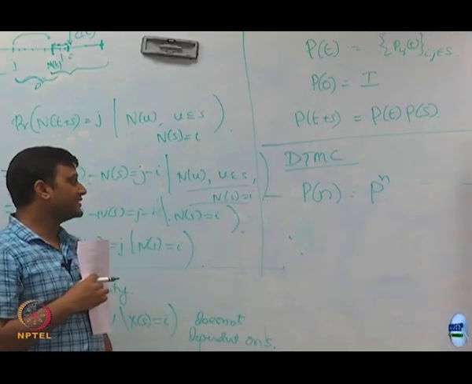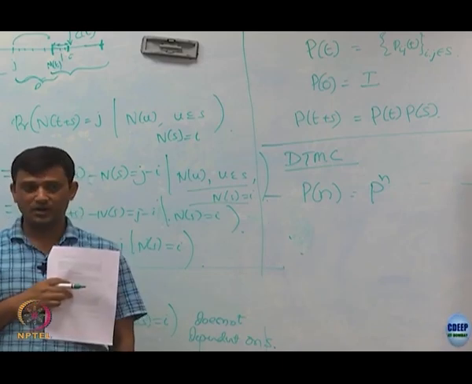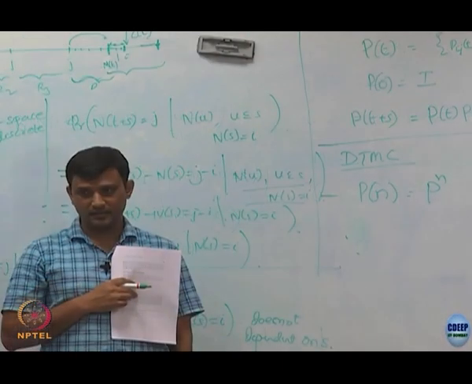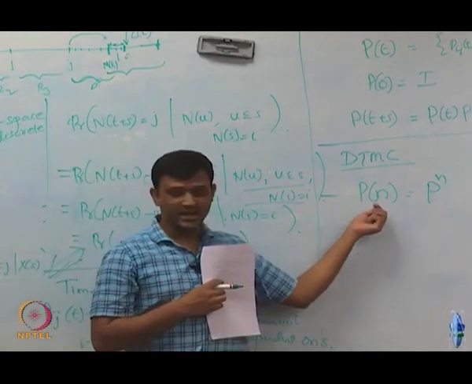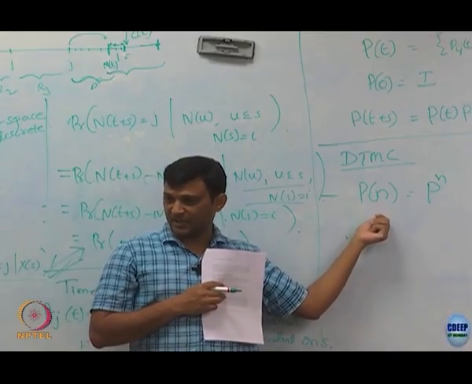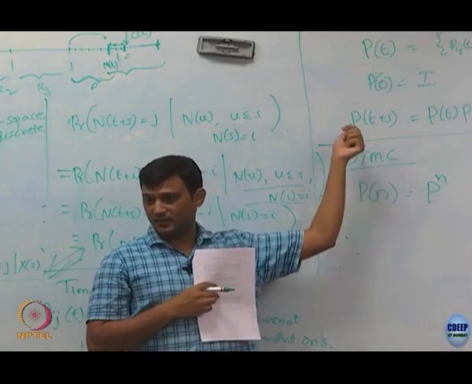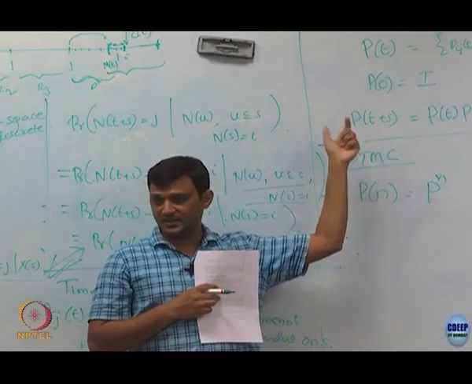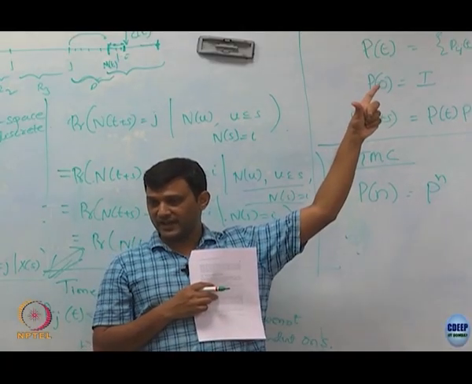Does a similar analogy hold for CTMC? What is the meaning of n here? N steps. When you take t here, what is the interpretation in CTMC? It is like an interval of length t.